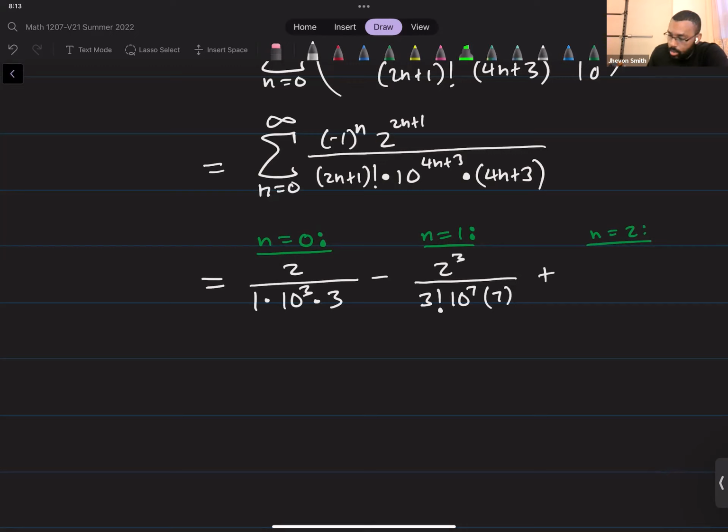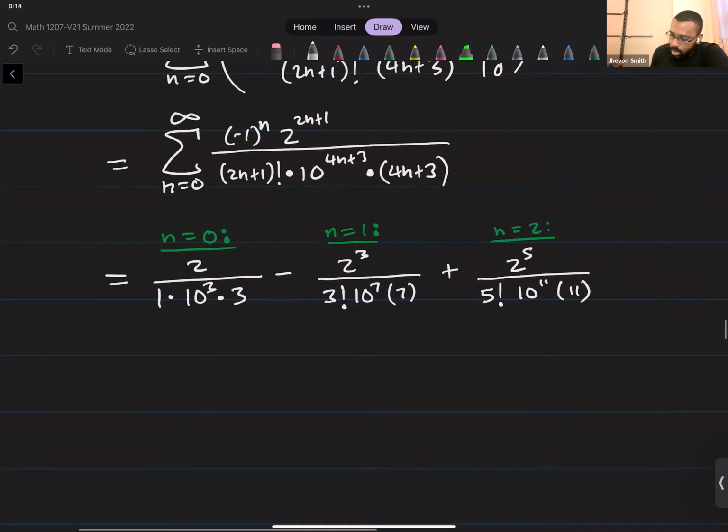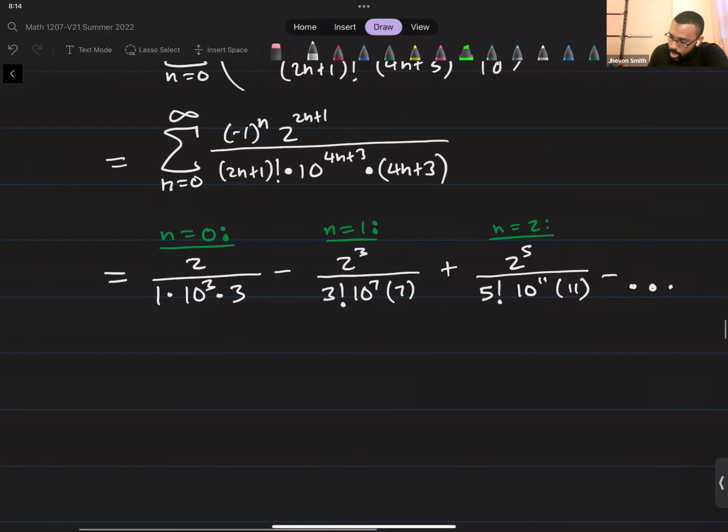So this is going to be 2 to the 5. 2n plus 1, so this is going to be 5 factorial. 10 to the 4 times 2 plus 3 times 11. And then minus dot, dot, dot.